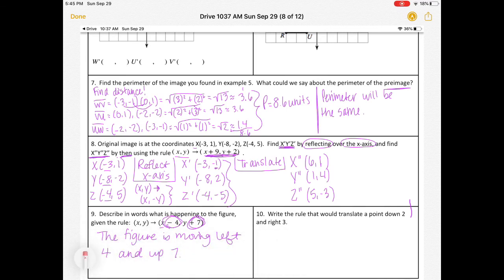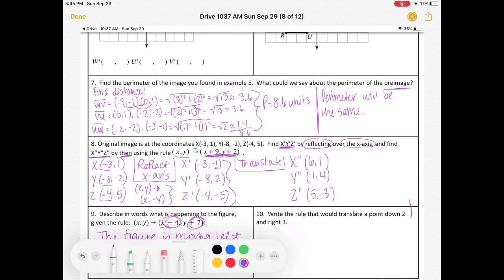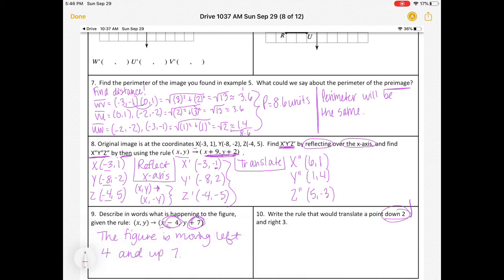Okay, and number 10, write the rule, so our x comma y arrow, that would translate a point down 2 and right 3. So start off, x comma y arrow. Right, then I still have my x, so I want to think here, down 2 or right 3.